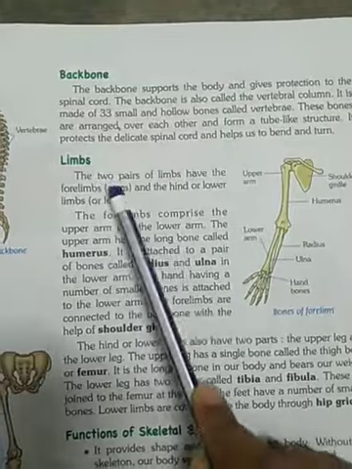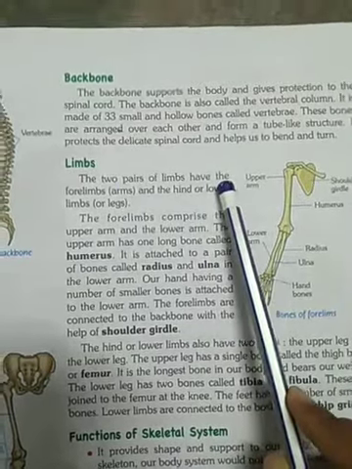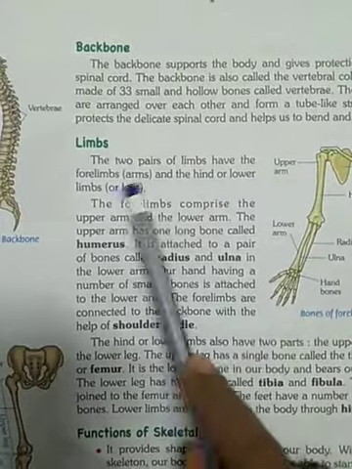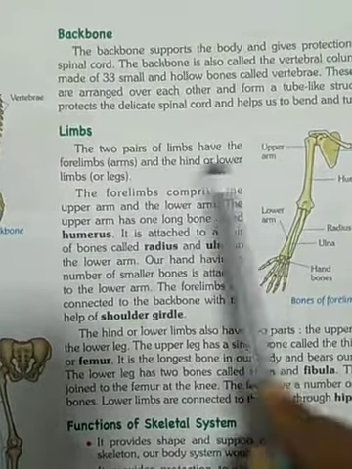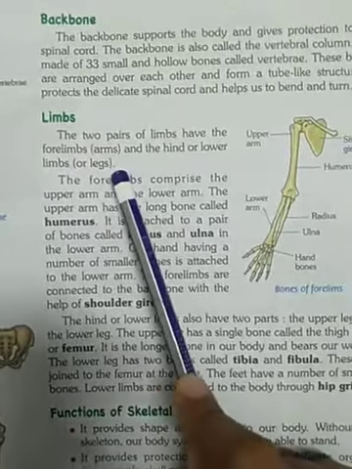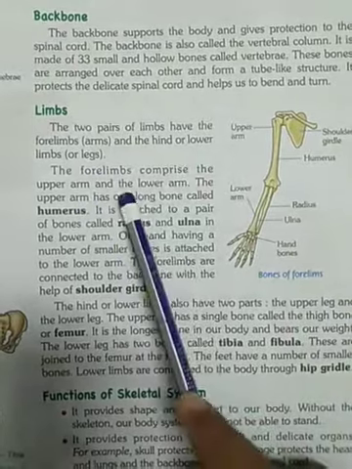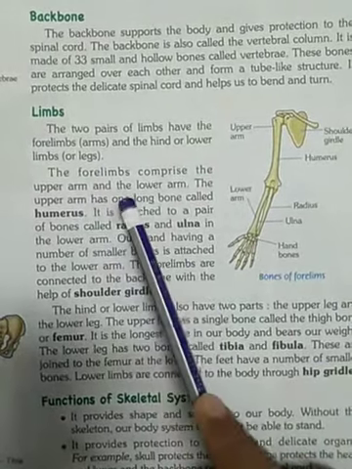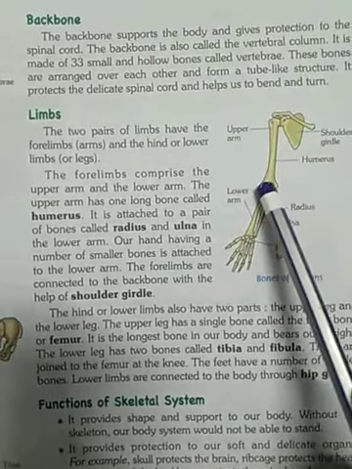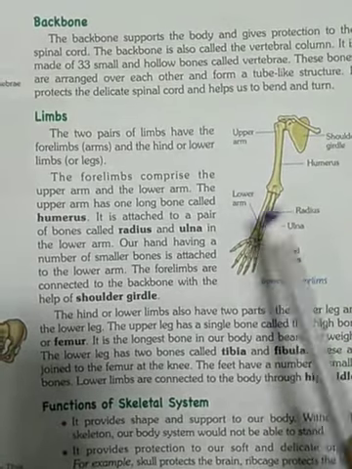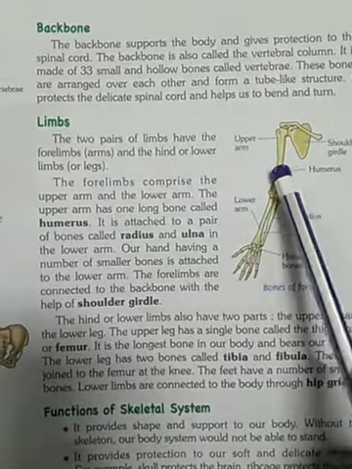so there are two pairs of limbs: the forelimbs, that means arms, and the hind or lower limbs, that means legs, right? So the forelimbs comprise the upper arm and the lower arm. That means this is the upper arm and this is the lower arm. Okay, and this total is called the forelimbs.